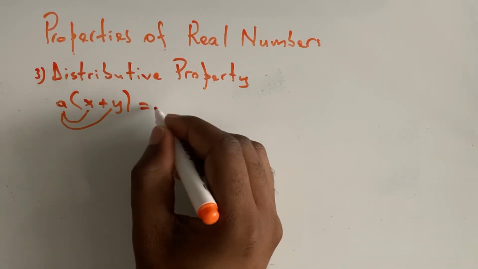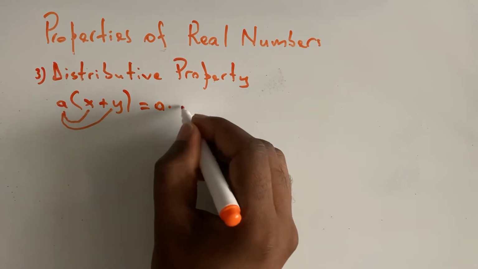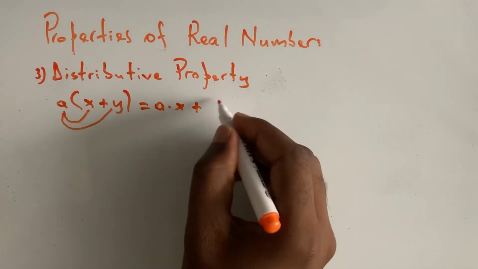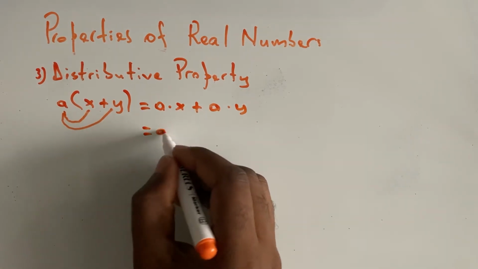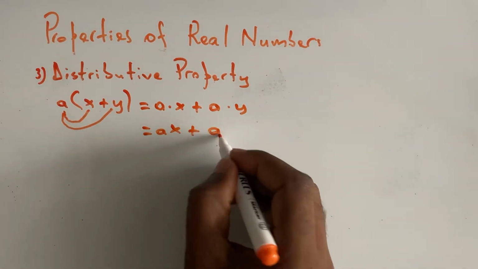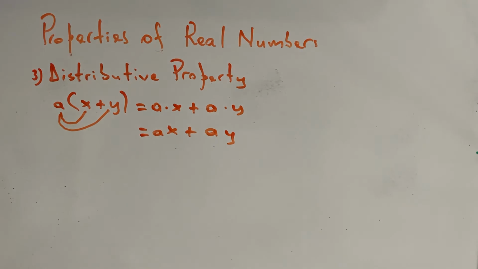So this would be A times X plus A times Y. So AX plus AY, okay? We call this distributive property of multiplication over addition, or multiplication over subtraction, that's how you do it.